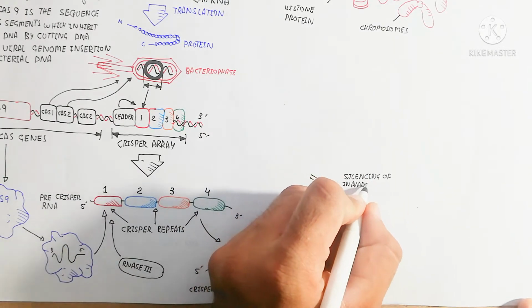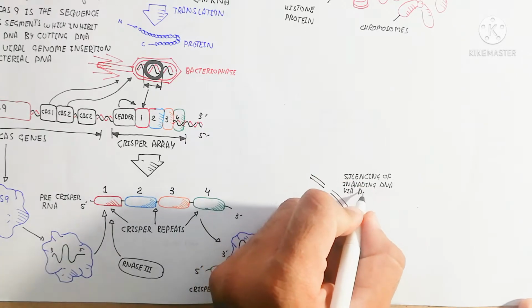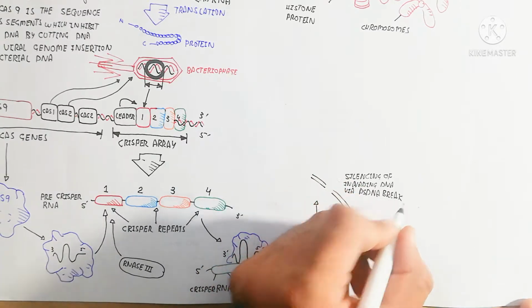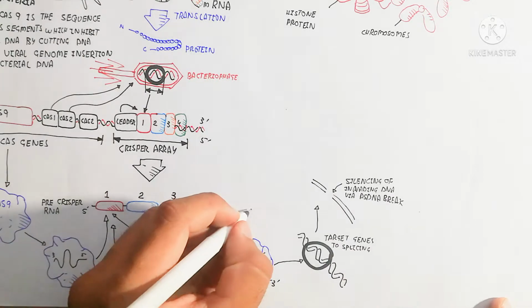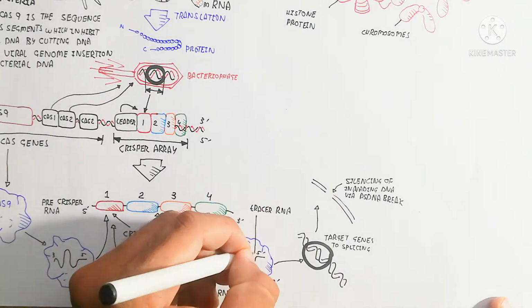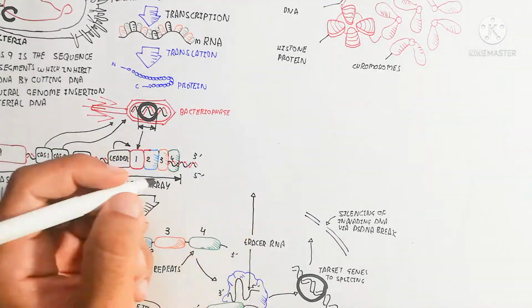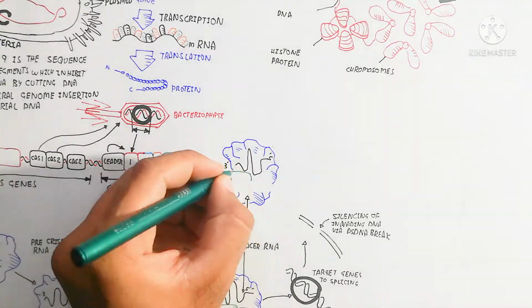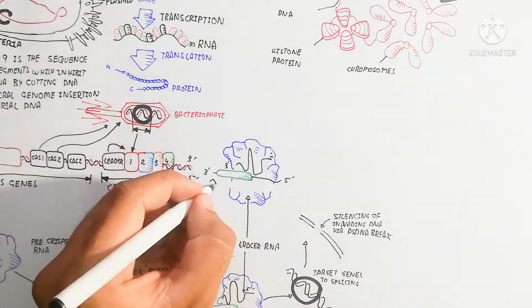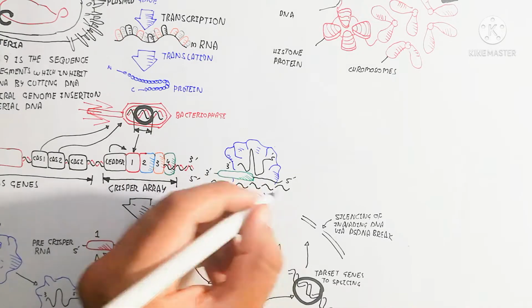This binding region produces a CRISPR RNA, and basically the Cas gene attaches with the tracer RNA to inhibit the target gene. Here is the bacterial DNA, sorry, the viral DNA.